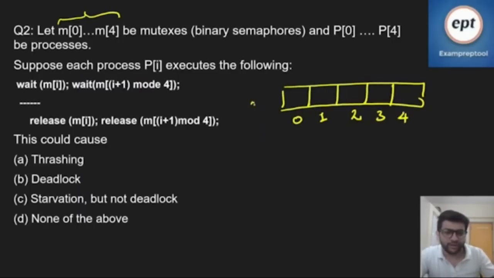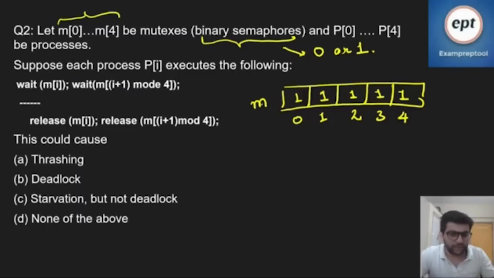So we have 5 mutexes and all these are binary semaphores. What are binary semaphores? Binary semaphores take values 0 or 1. Let's assume that initially all the values of these mutexes were 1. That means the resource being locked by this particular mutex is currently available.